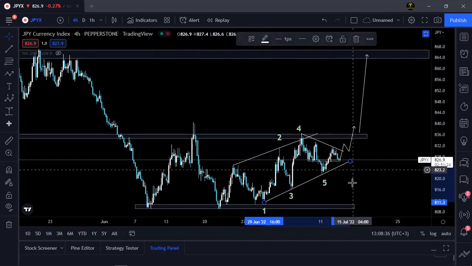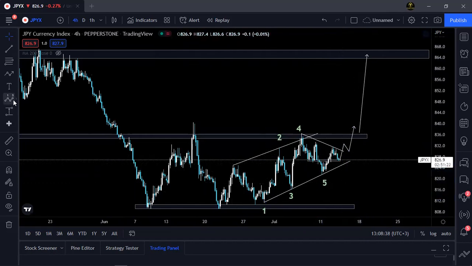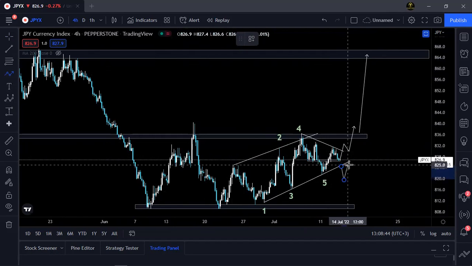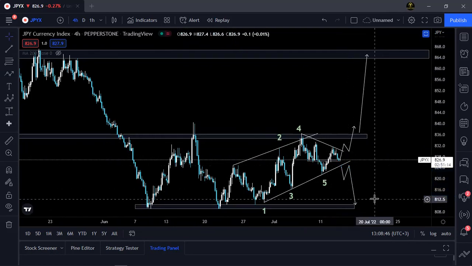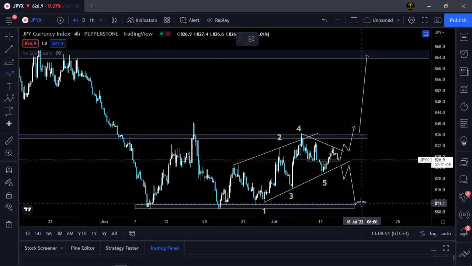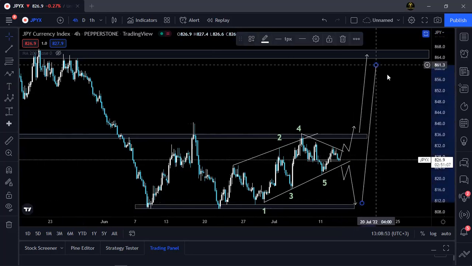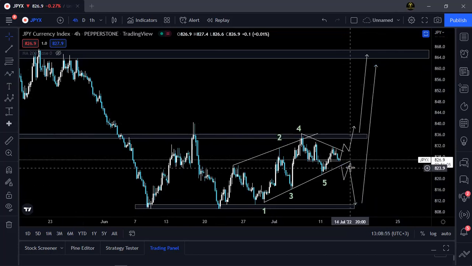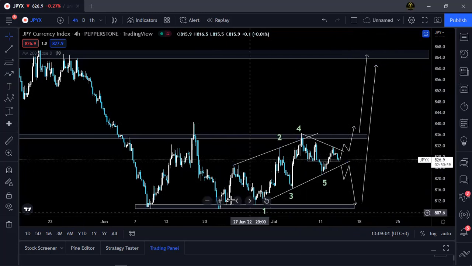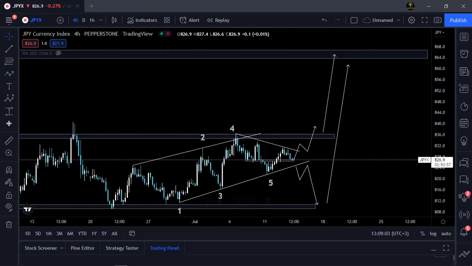If they do break below here, I'll be expecting a retest and to see prices fall all the way down here, and from there that's when I'll be looking for my long-term bulls. But if prices do break below here, then I'll be looking for quick sells to get me through the week. So that's my anticipation on the Japanese yen, the basket.